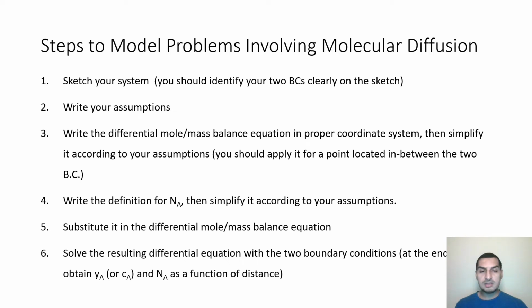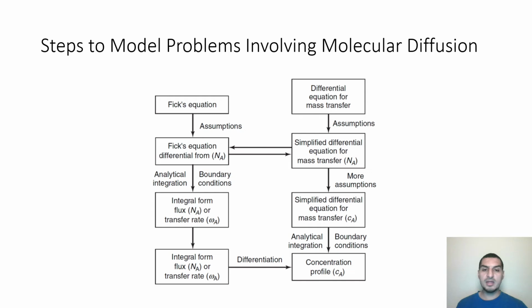I understand that this is not easy to imagine or easy to grasp, and that's why this diagram might be easier. So again, it's the same steps after you draw the sketch of your system, after you put your assumptions and everything.